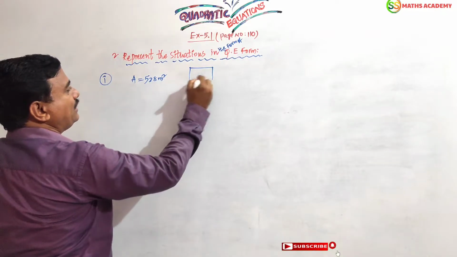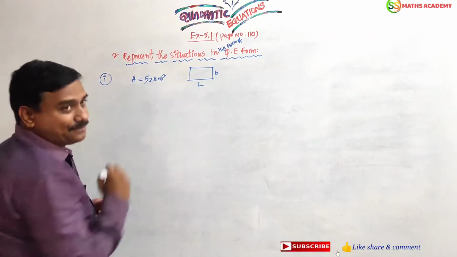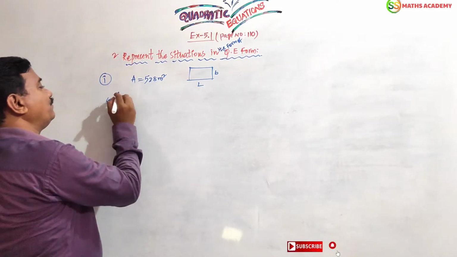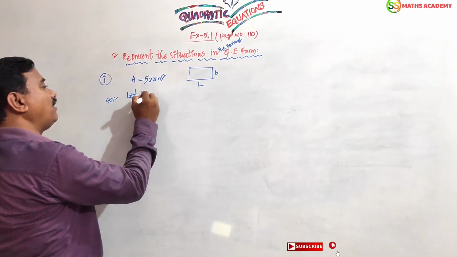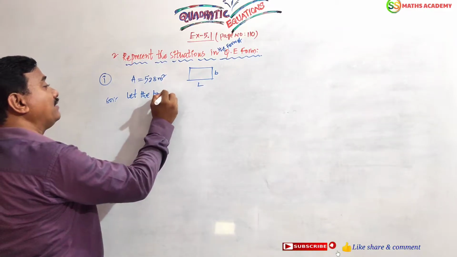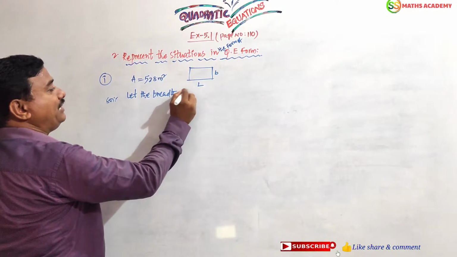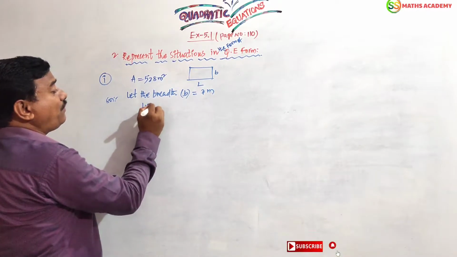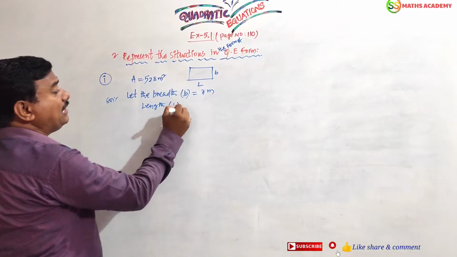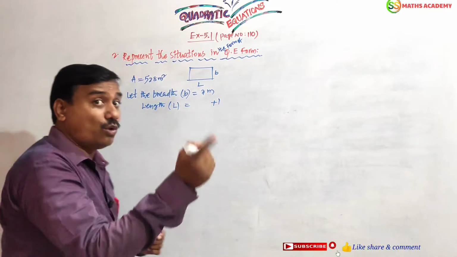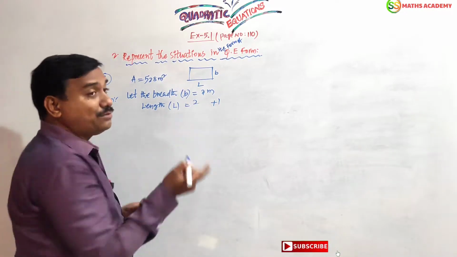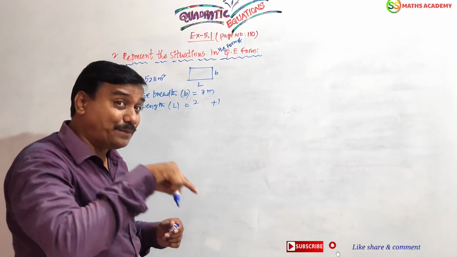You know rectangle. Every rectangle has length and breadth. Here we don't know the breadth, so we can take: let the breadth be x meters. What is the length? What is the condition given for the length? Yes, length is 1 meter more than, more means plus 1, and twice means multiply with its breadth.